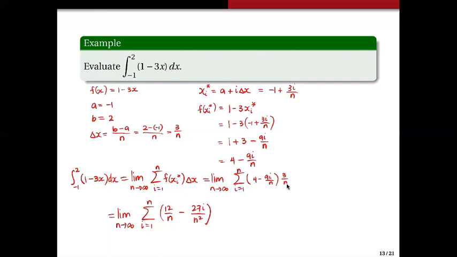And then, let us recall the sum of i from 1 up to n of i is equal to n times n plus 1 over 2. Which means we'll get the limit as n approaches plus infinity. This 12 over n is constant relative to the i, so you'll just get 12 over n times n for that.